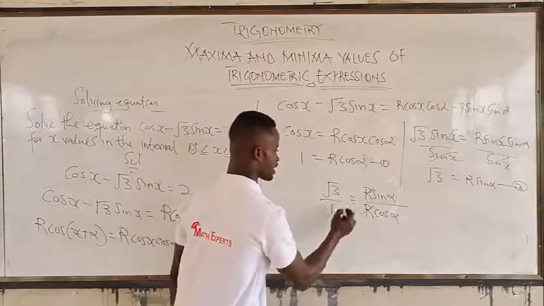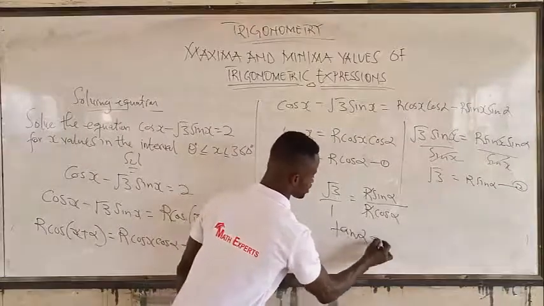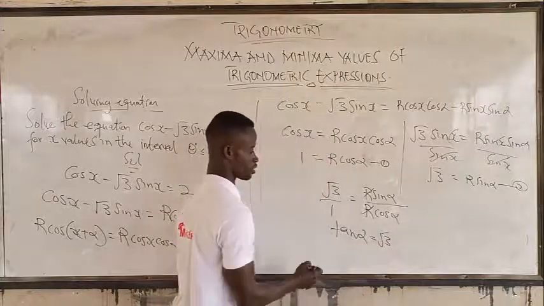So you end up getting tan alpha to be equal to square root of 3.